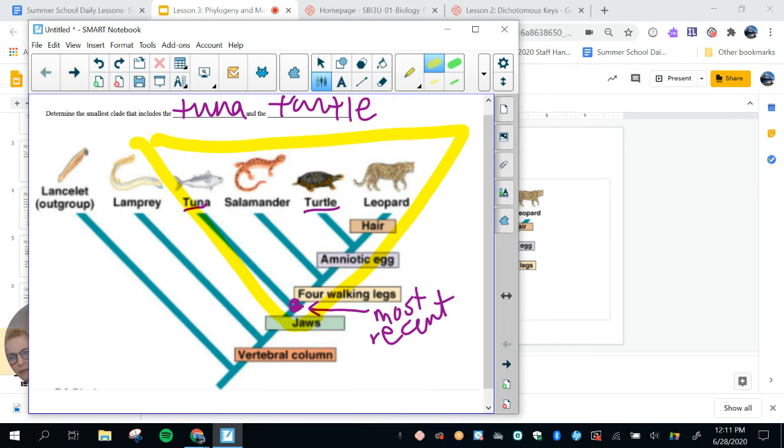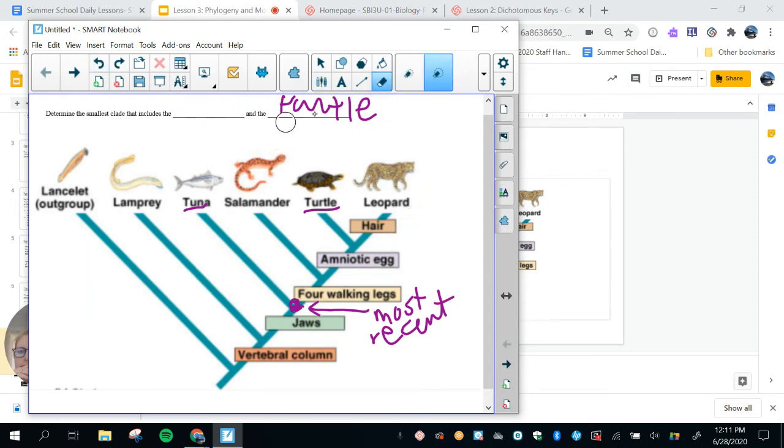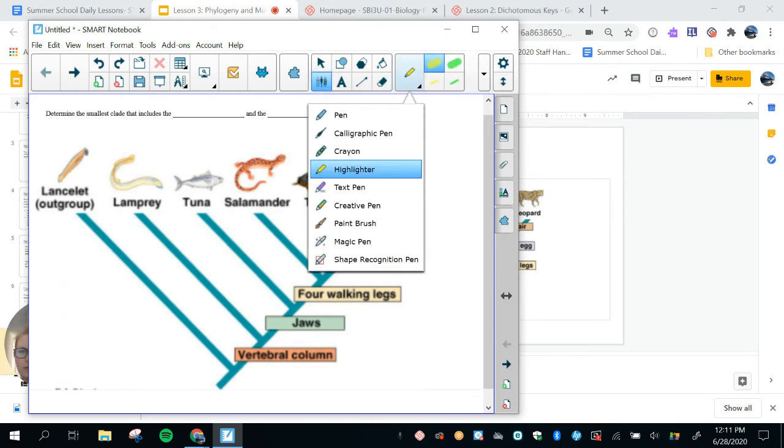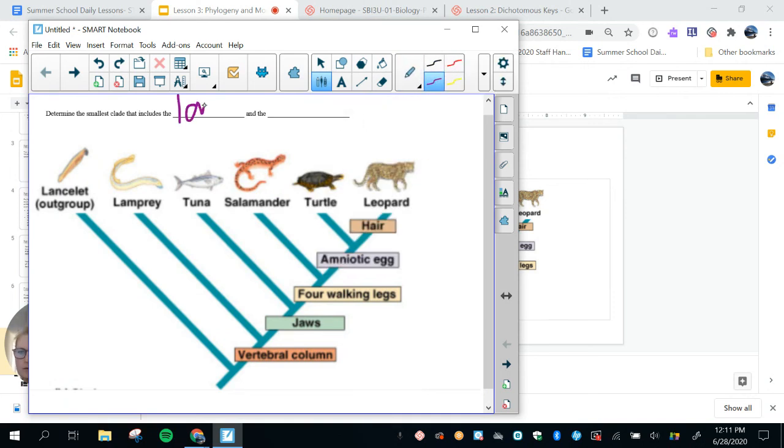Okay, I'm going to do a second example here just to show you. Let's say instead of tuna and turtle, I wanted something different now. Let's say that I wanted the lamprey and the salamander. You can choose any combination, doesn't really matter. And I want the smallest clade.